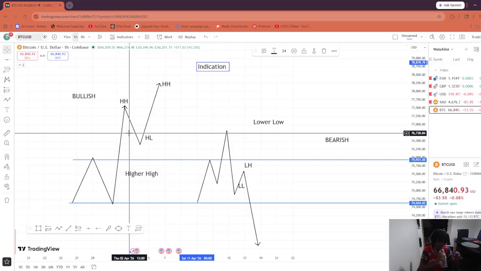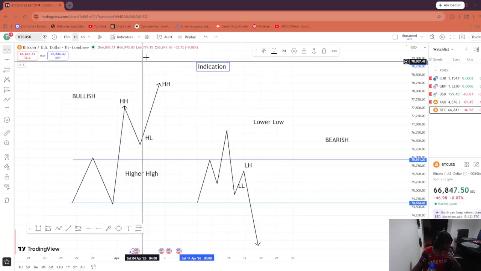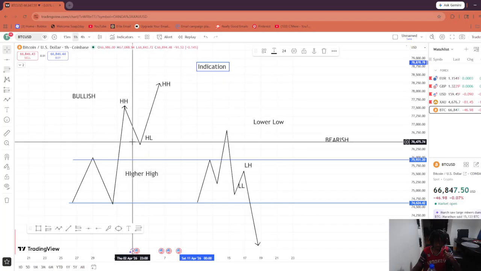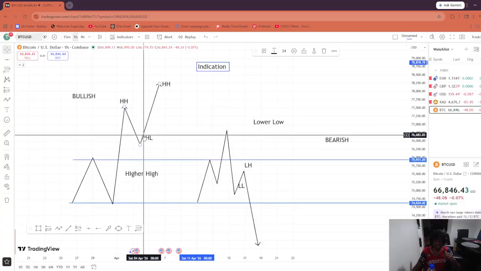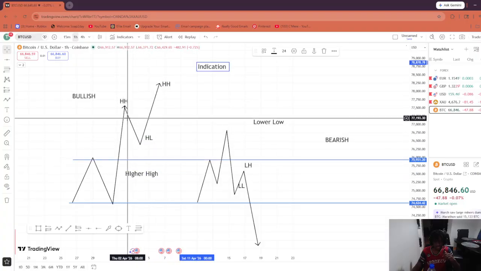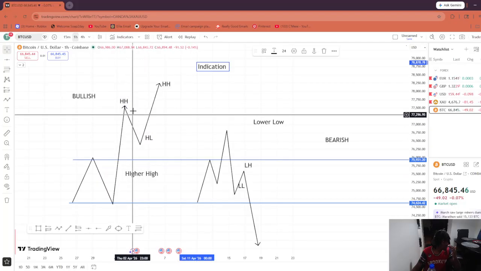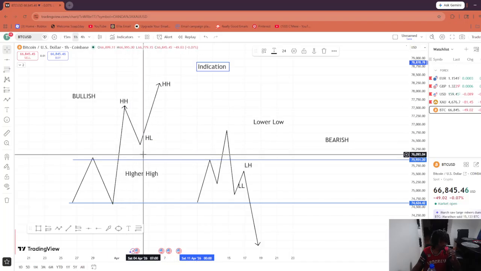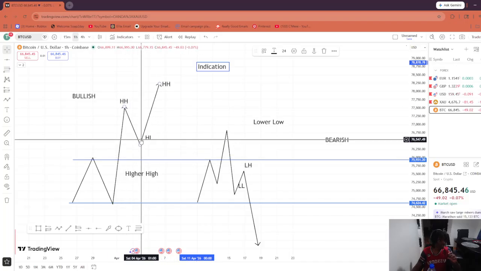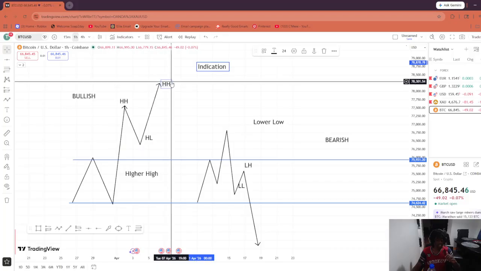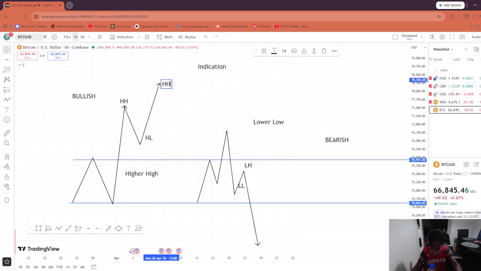But we're not gamblers. Alright, so we create a higher high. Then once we create a higher high, we need to create a higher low, because this is indicating to us that we're in a bullish trend. So once we create that higher low, we know for a fact that we are going to create a new higher high.